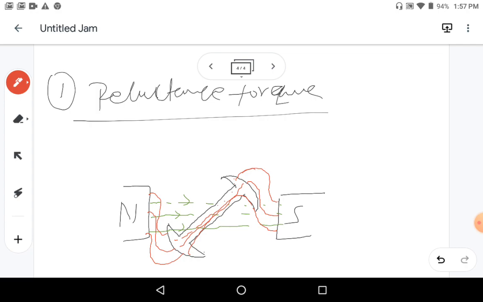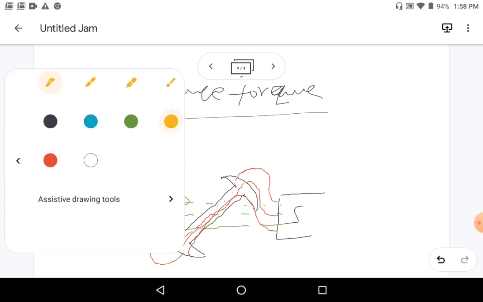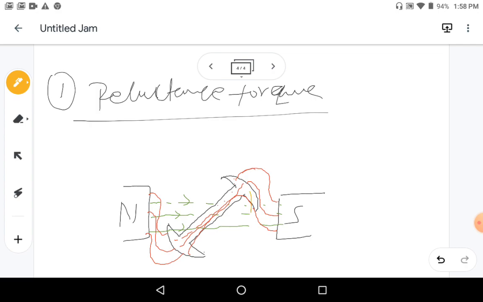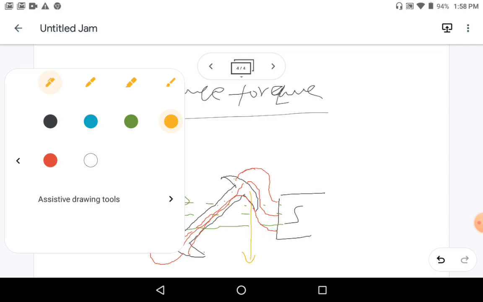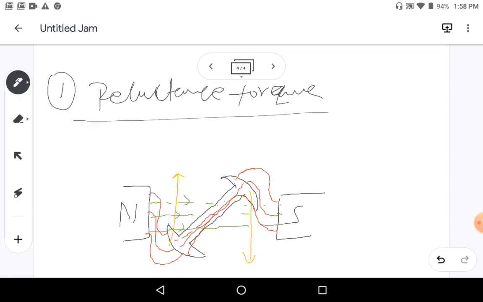The property of flux is that it chooses the shortest path. Flux chooses the shortest path, so to make the path straight, we rotate the rotor in this direction. Then the figure becomes like this: this is N, this is S, and the rotor is like that.